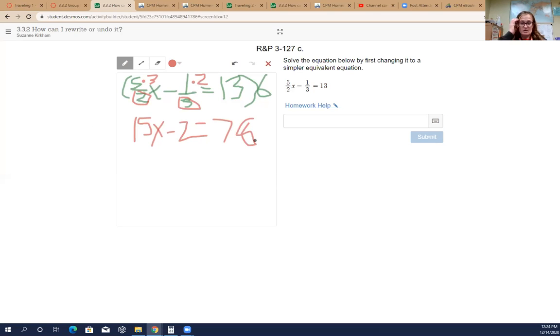Okay, now what should I do to solve for x? Add 2 and then divide by 15. Yep, so we're going to add 2 to both sides and then divide by 15. 78 plus 2 is 80. So what is 80 divided by 15?